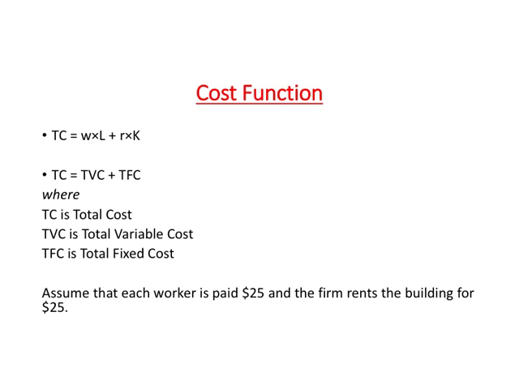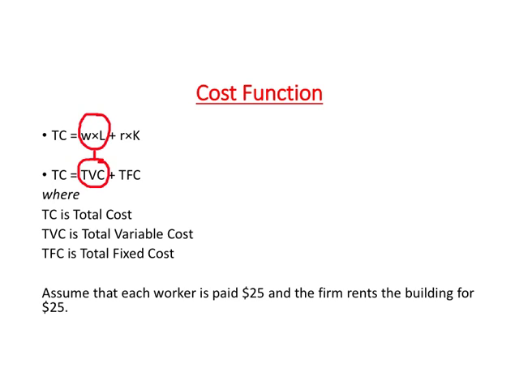Since there are two inputs, labor and capital, let us assume that each worker is paid a wage of W and capital is paid rent denoted by R. So total cost will be wage times number of workers plus rent times capital. We know labor is the variable input, and so the cost associated with labor, which is wages times labor, will be our variable cost.